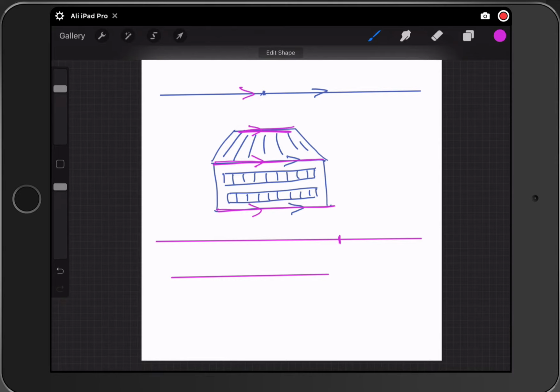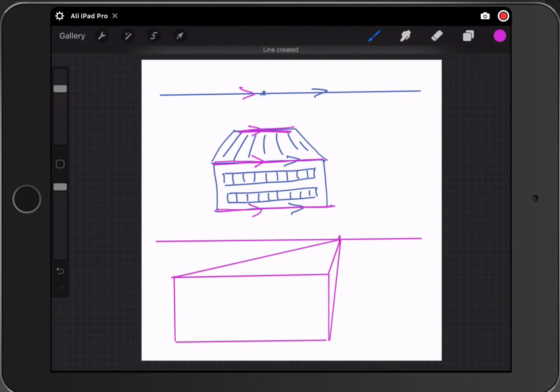Remember, the bottom of the building, the top of the building all have to be parallel to the horizon line. So here we have it. And then we know that the converging parts of the building have to converge to that single point perspective. So let's do this, joining top and bottom of that vertical line to the perspective there.